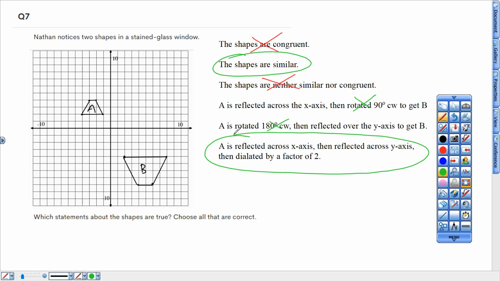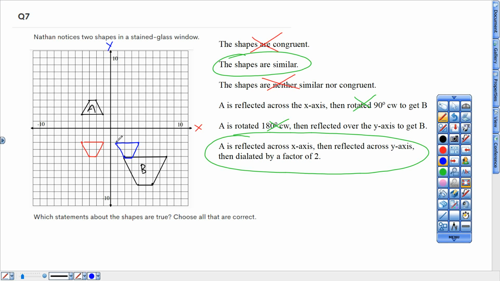If I take A and I first reflect it across this x-axis right here, it will end up upside down underneath that line. Then if I reflect it across the y-axis, it will be equal distance right here across the y-axis line. And then you can see it grew.